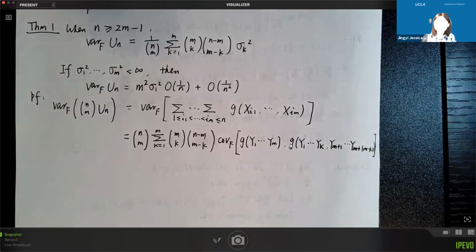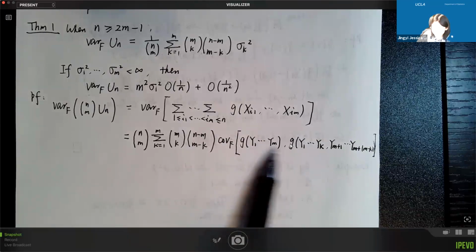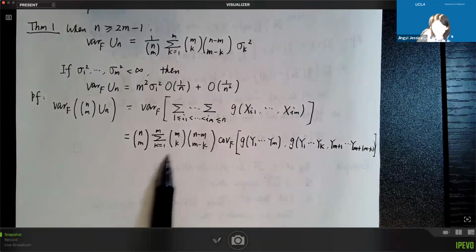You may wonder what happens when I do not have any overlap. In that case, I would have zero covariance, because of IID, because of independence, the covariance becomes zero. So I only need to worry about the covariance when there is some overlap between the two terms. That's how we write it out.